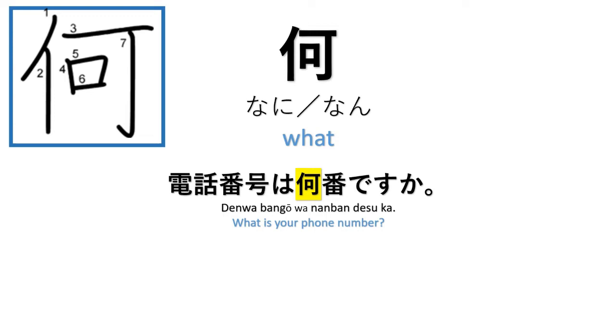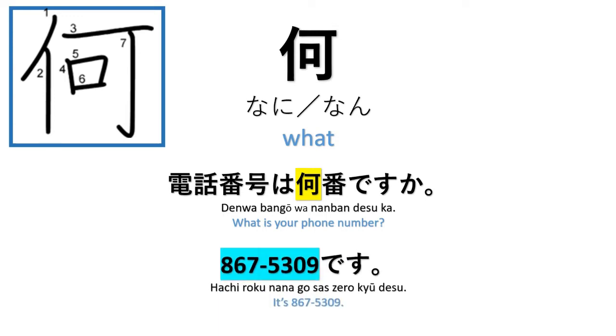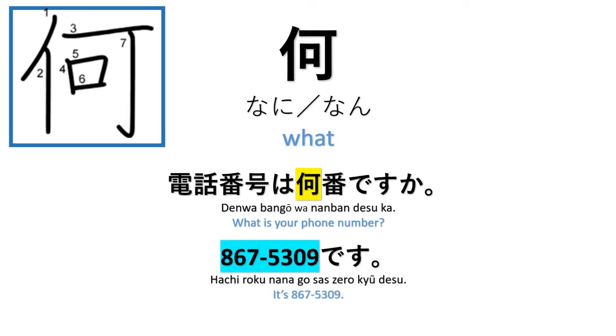We are using this when we are referring to numbers. Like this one, phone number. 電話番号は何番ですか？ 867-5309です。It's 867-5309.